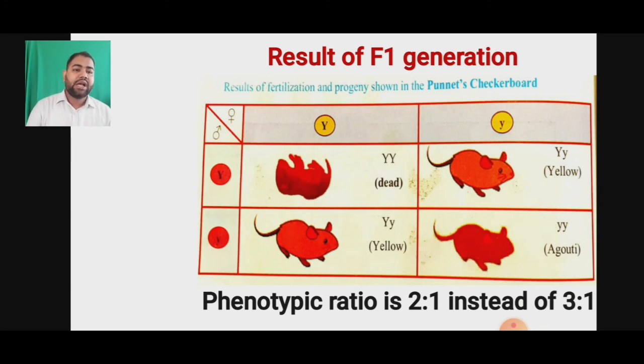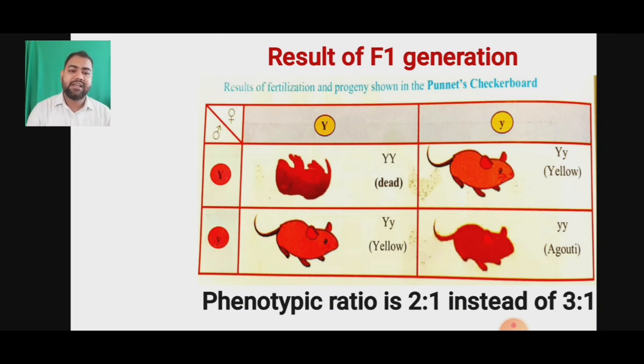Here two yellow mice are produced and one agouti mouse is produced, and the other mouse, with the genotype capital Y capital Y, dies in embryogenesis.